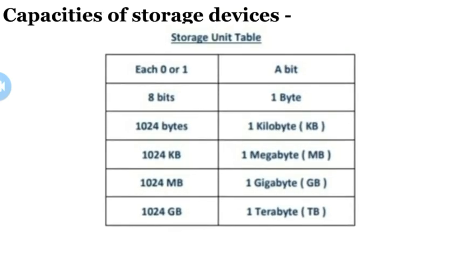Nowadays we are saying, students, now my RAM is 4 GB, my RAM is 8 GB, my RAM is 16 GB, and I purchased one mobile phone whose internal memory is 32 GB, 64 GB. Clear? So this is the capacity of storage devices.